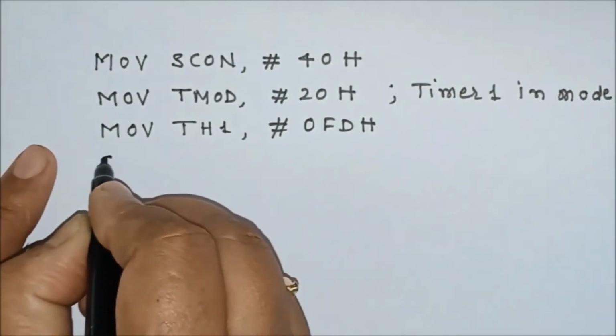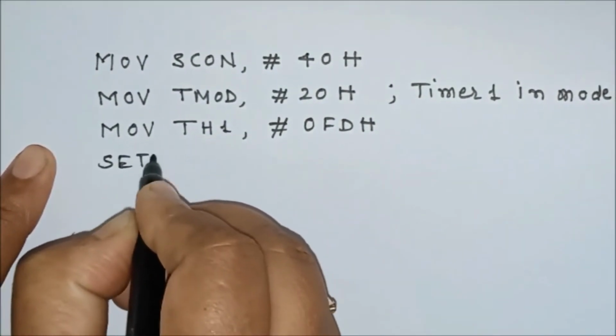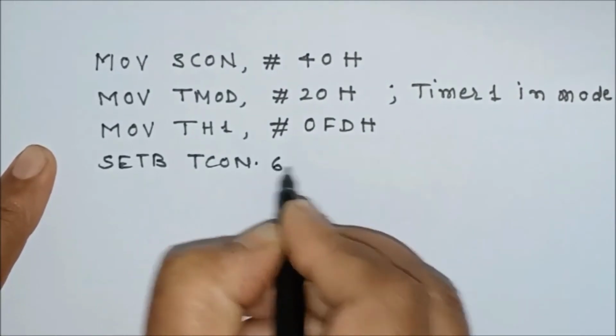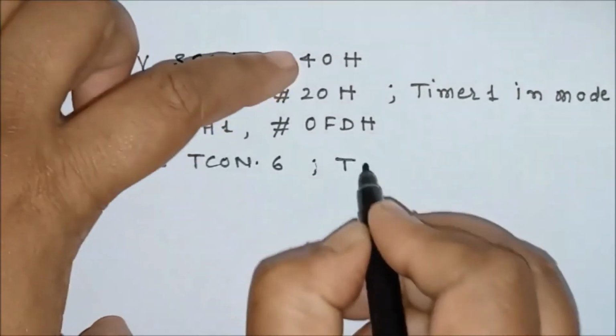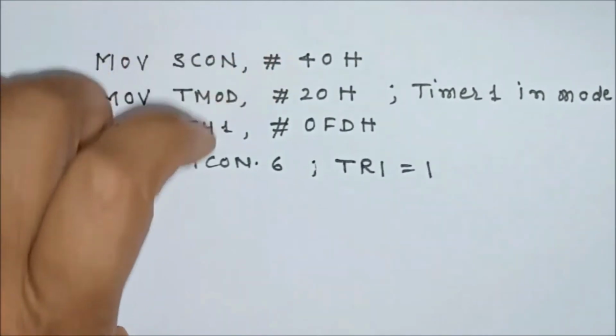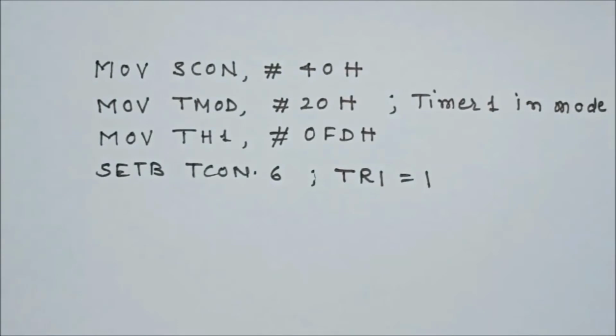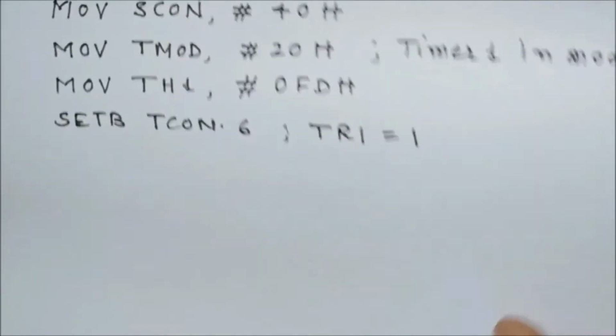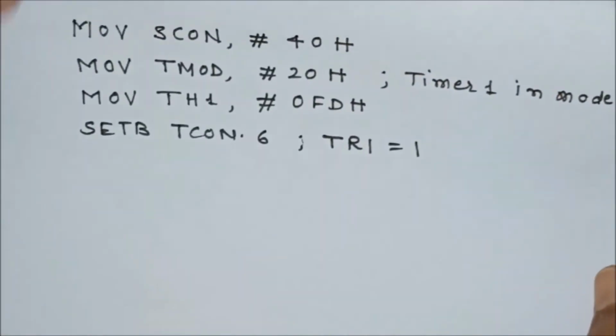So for that we'll write the instruction setb TCON.6. The TCON.6 bit is the TR1 bit, so we are initializing it with 1. So timer 1 will start and it starts generating the clock signal that is required for the baud rate.